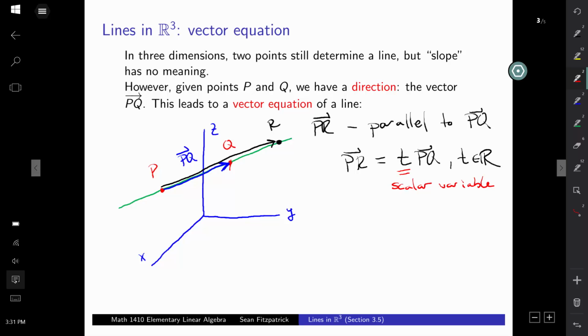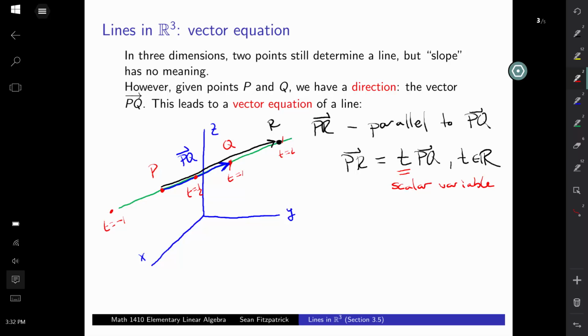At t equals 1, you're here, and then you go out here, you're at t equals 2, and so on. And of course, you can take values between 1 and 2. I could take, say, t equals 1/2 and start shrinking things, or I could also go into the negative numbers. I could get to, say, t equals -1, and end up going down the other direction on the line.